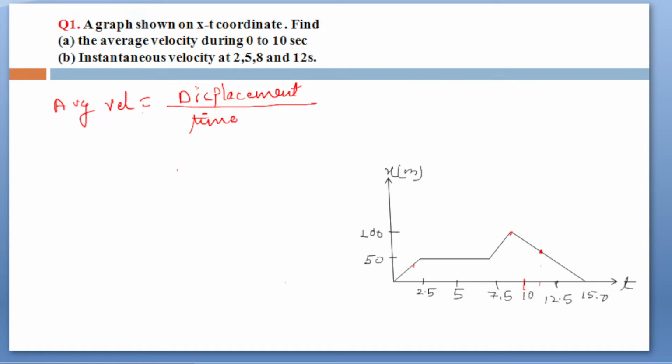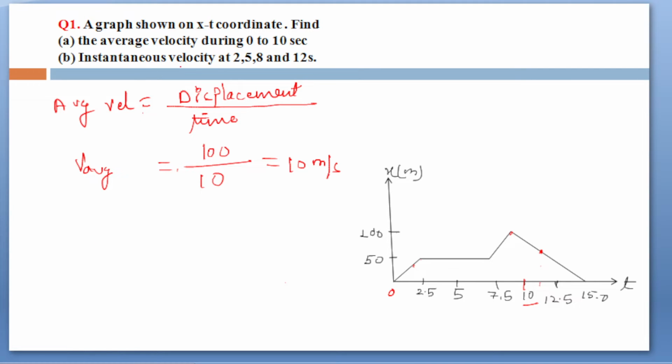Now here, if we see the graph between 0 to 10 second, that is from here to here, the displacement is 100 meter, time period is 10 second. So the average velocity v average is 10 meter per second.